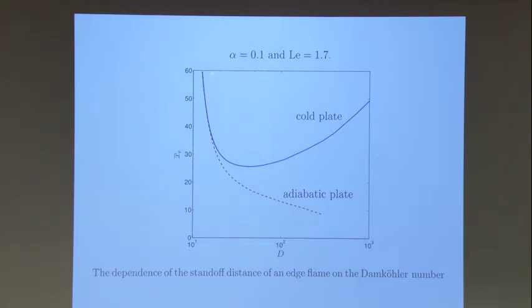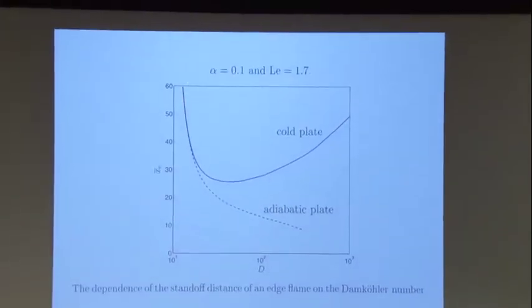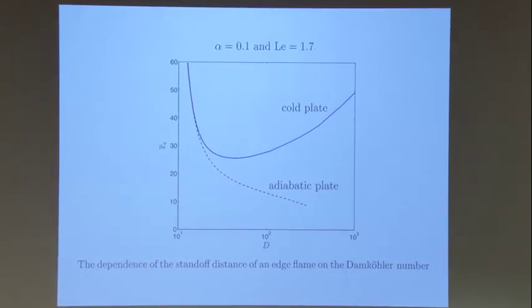The next thing I want to talk about quickly is the position of the edge relative to the tip of the plate. Now if you have a cold plate, meaning a plate held at a constant temperature T0, or whatever the temperature is, what you find is that typically there is a minimum distance that the flame can approach the plate.